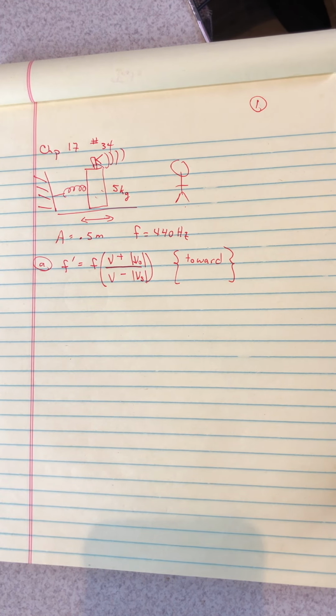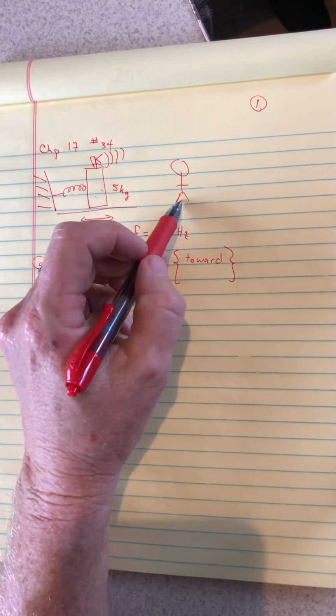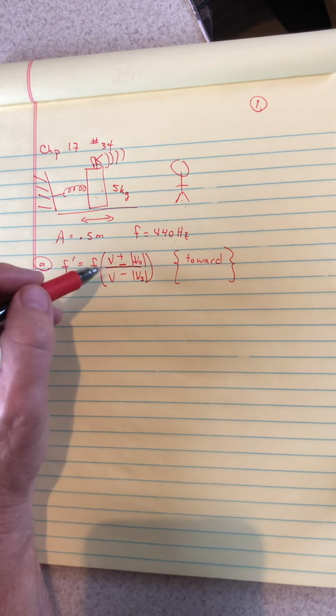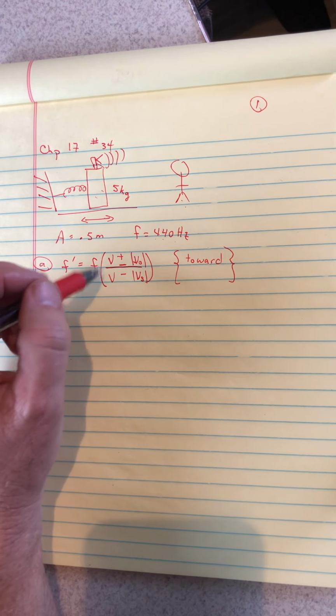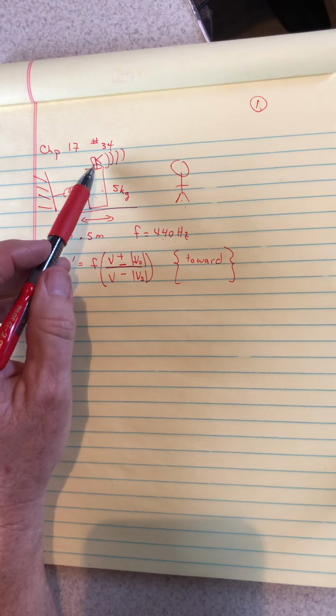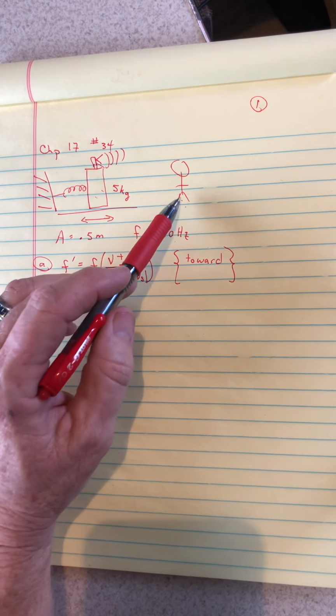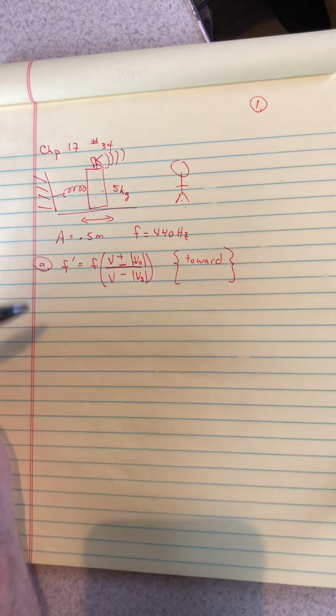Okay, the same is true in the opposite direction. So if the observer was moving away, less than 440 hertz would get to the observer, even though the paper diaphragm in the speaker is still going back and forth at 440 times a second. It's just the observer moves away.